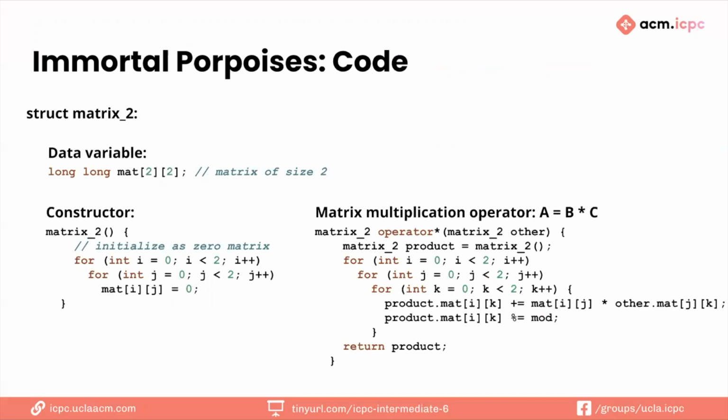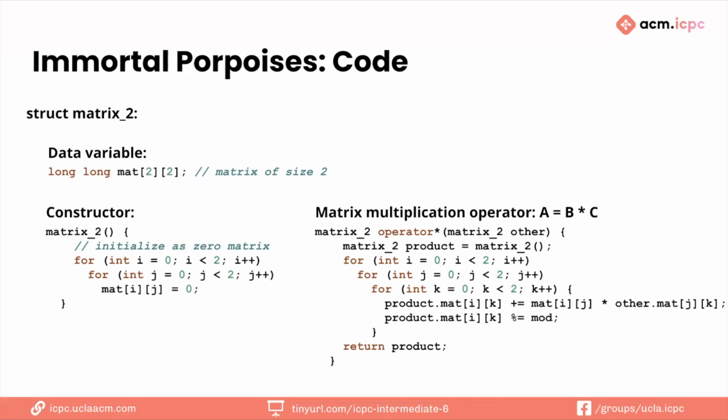It redefines the multiplication operator, which performs matrix multiplication that we talked about before. If you haven't seen this notation before, don't worry. We can see what it does by looking at a particular example. So let's say we consider this equation A equals B star C, and let's say all of the variables are matrices.